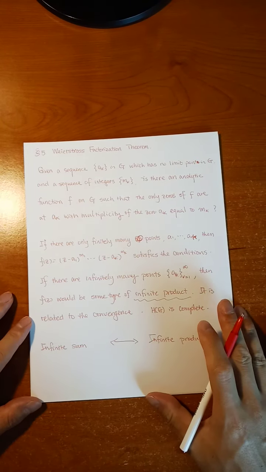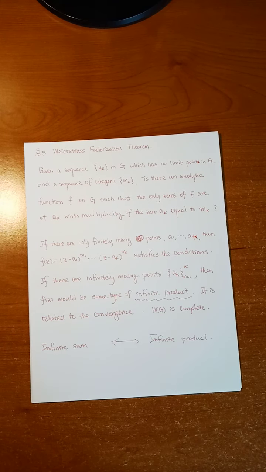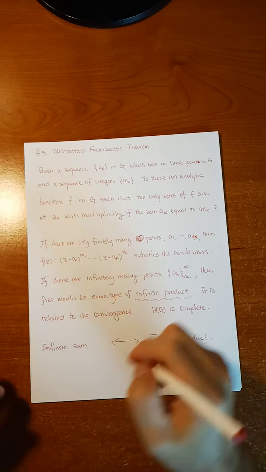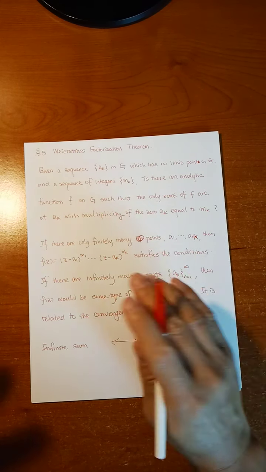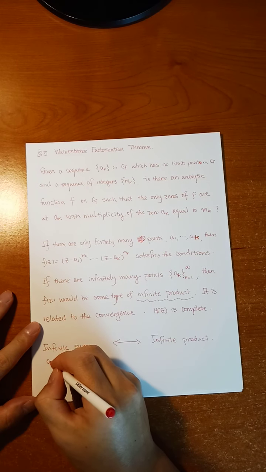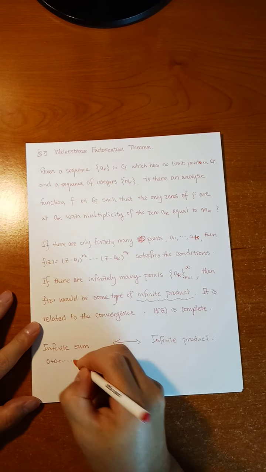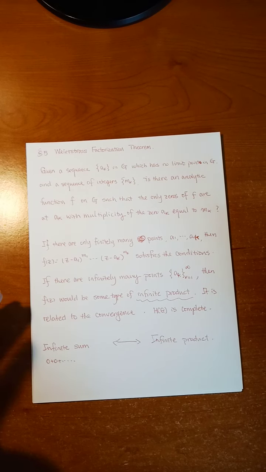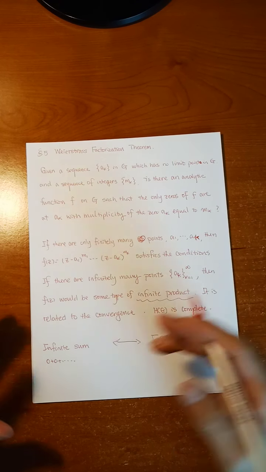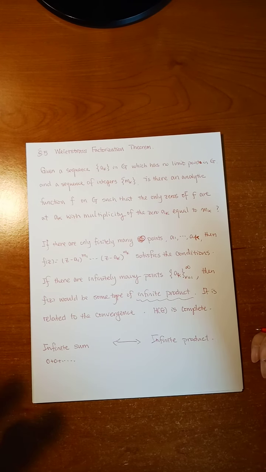Remember, for the infinite sum, there's only one trivial type of series. It's like 0 plus 0 plus 0 plus 0. You get infinitely many zeros, you add them together, it's still 0. This is the only trivial case.